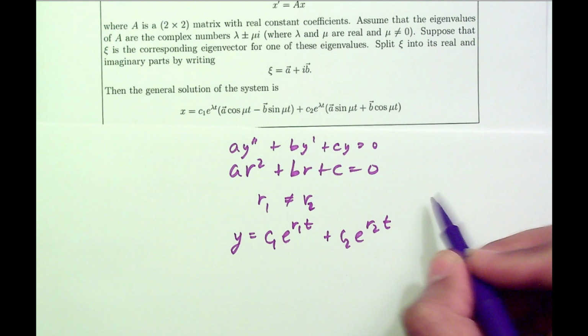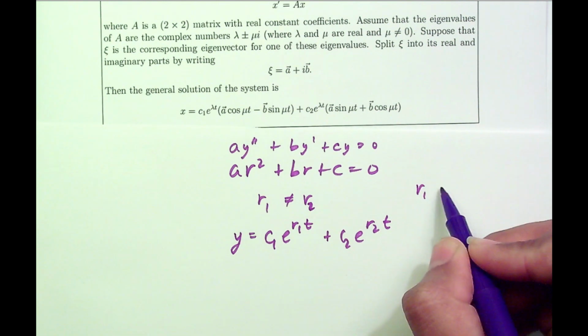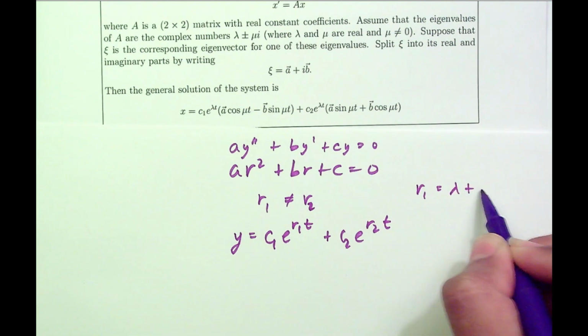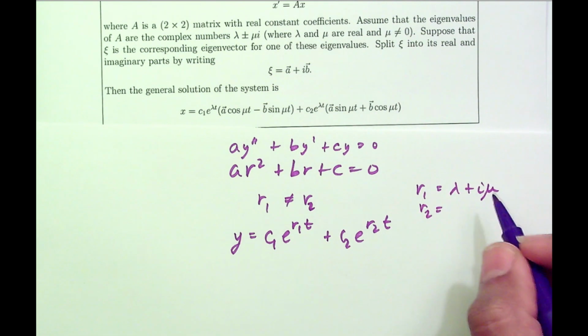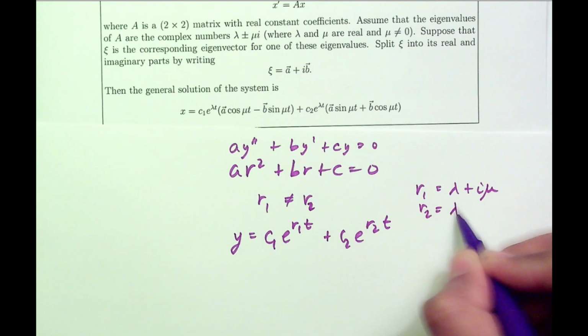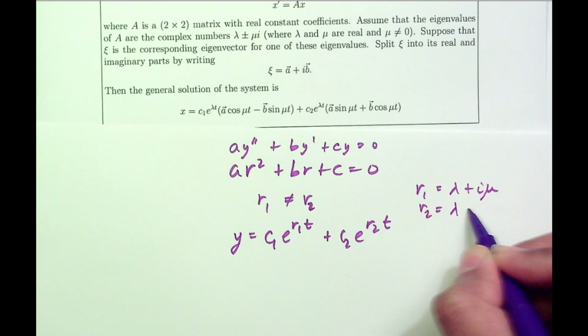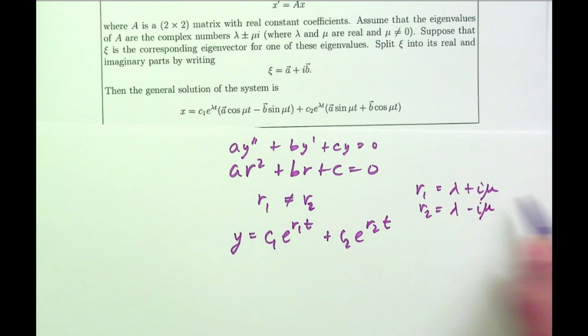In the case they're complex, R1 would be lambda plus i mu, and because they're complex conjugates of each other, R2 we can write as lambda minus i mu. So it will be different. The same formula actually still works.